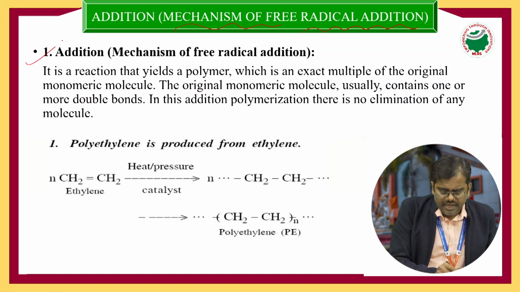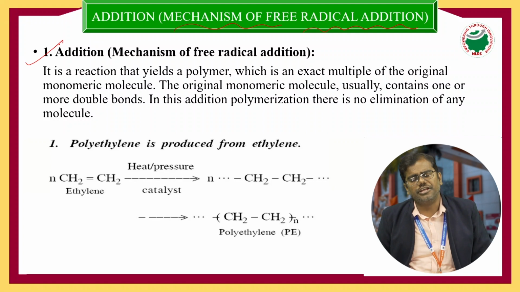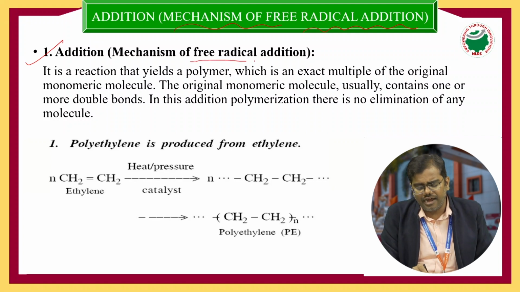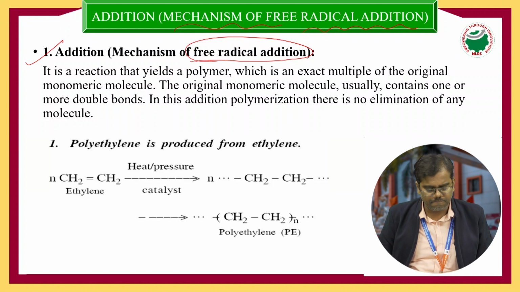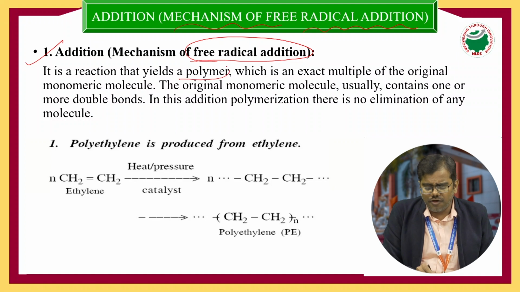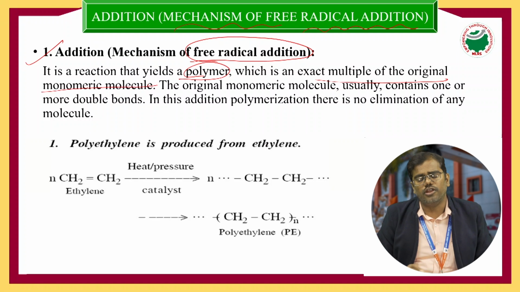Now, first one, addition polymerization, which is also called free radical addition or free radical polymerization. In this addition polymerization, a polymer is formed which is an exact multiple of the original monomeric molecules.